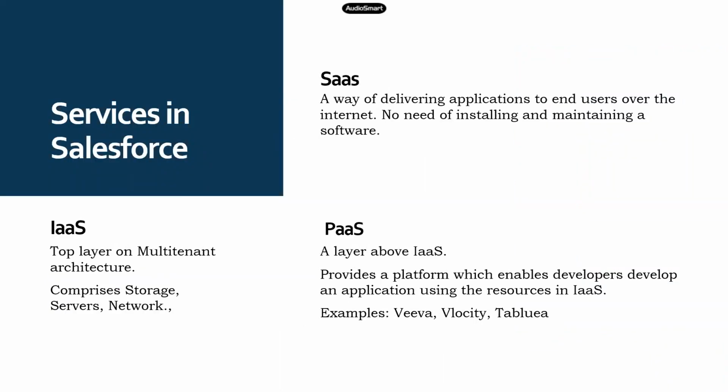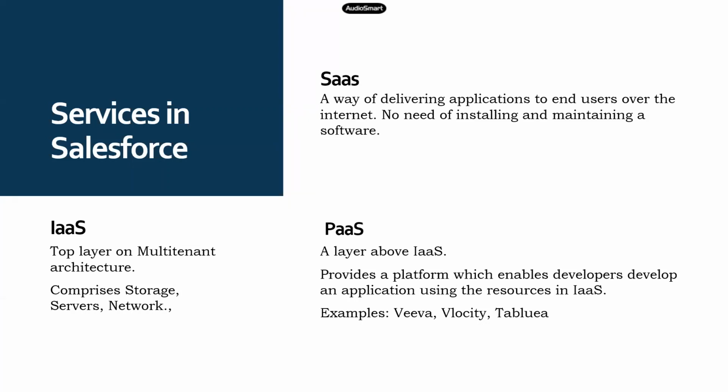The first thing is, not just specific to Salesforce, any cloud platform usually offers 3 different services. The first one is infrastructure as a service. It basically means all they provide is storage, servers, network, anything that comprises physical entities, so you don't have to worry about maintaining or buying physical space.